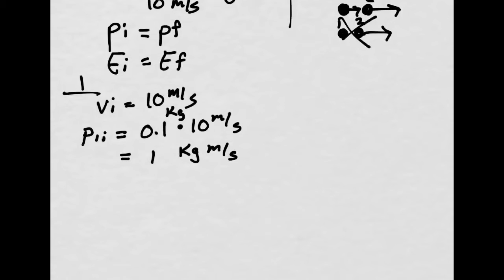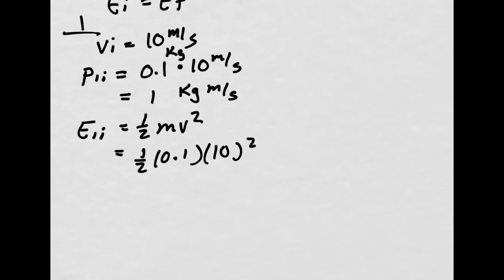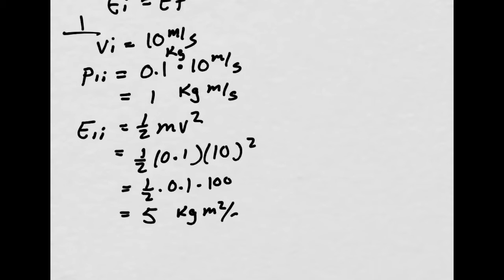The initial energy, E1 initial, is 1/2 mv squared, which is 1/2 times 0.1 times 10 squared. So it's 1/2 times 0.1 times 100. So that is 50 times 0.1, which is 5 kilograms meters squared per second squared.